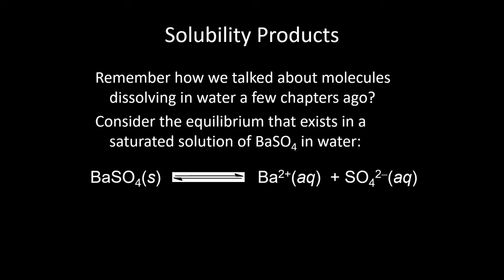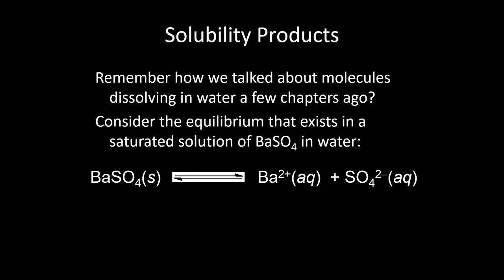All right, let's talk about the last type of equilibria that we're going to consider here. This is mainly going to be solubility, the equilibria of solubility reactions. If you remember, we talked about in a previous chapter how you can have essentially too much of a solid try to dissolve in a liquid.